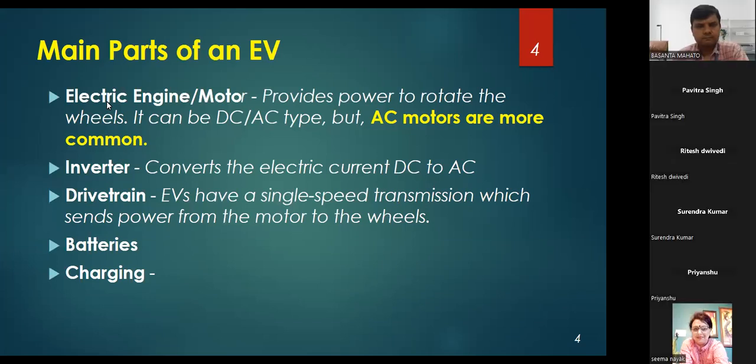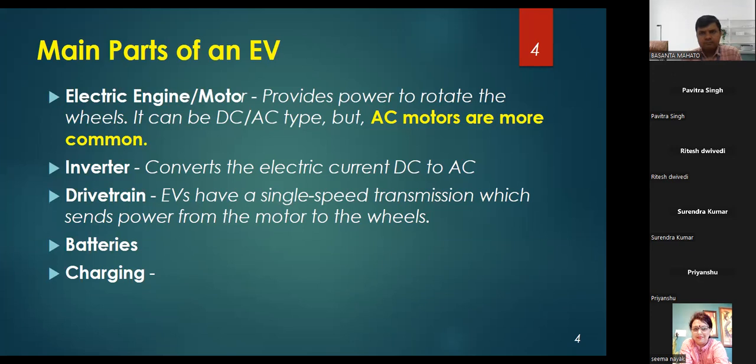The main parts of the electric vehicle are the electric engine, or you can say electric motor. This motor provides the power to rotate the wheel shaft. In any vehicle, we have to rotate the shaft which is connected to the vehicle wheels.